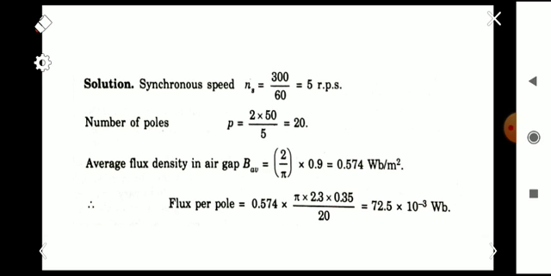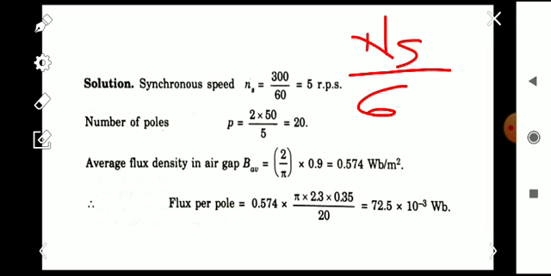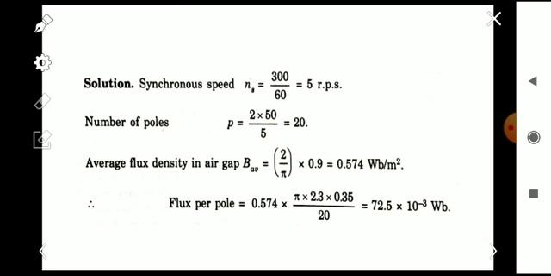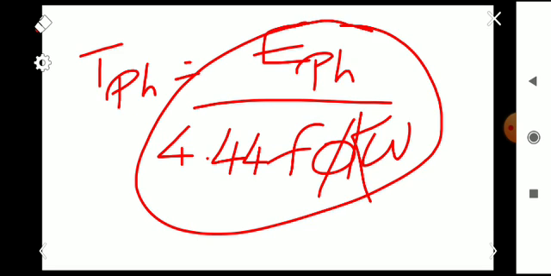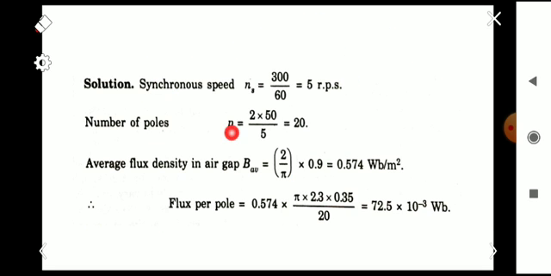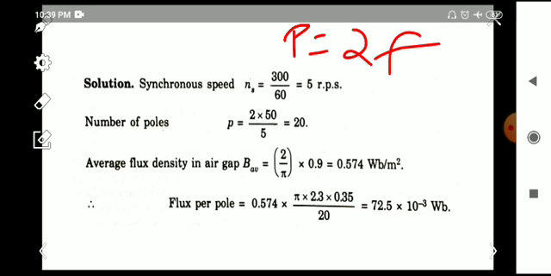The first one is the synchronous speed. The synchronous speed in rps, ns, is capital Ns by 60, that is 300 by 60, and we get 5 rps. For finding the number of poles P, we use the equation P is equal to 2f by ns.